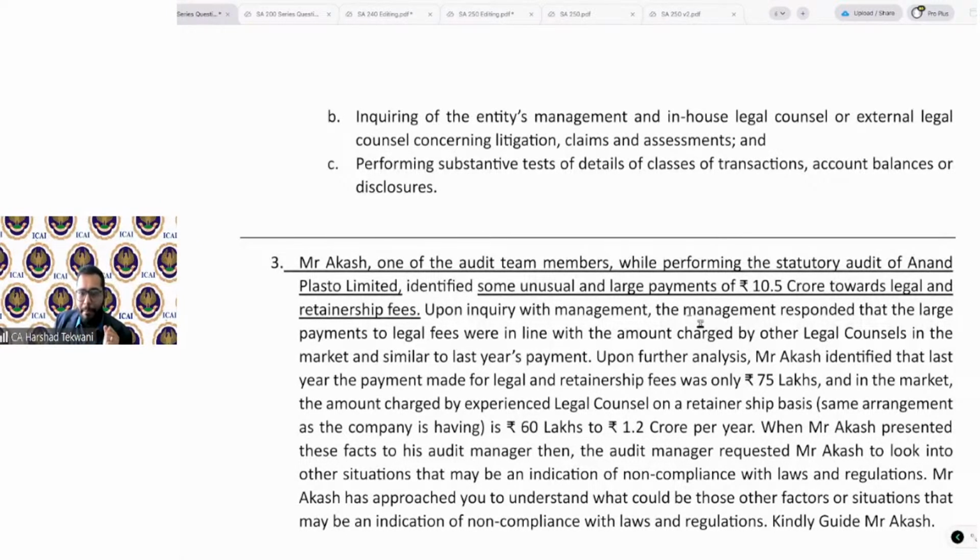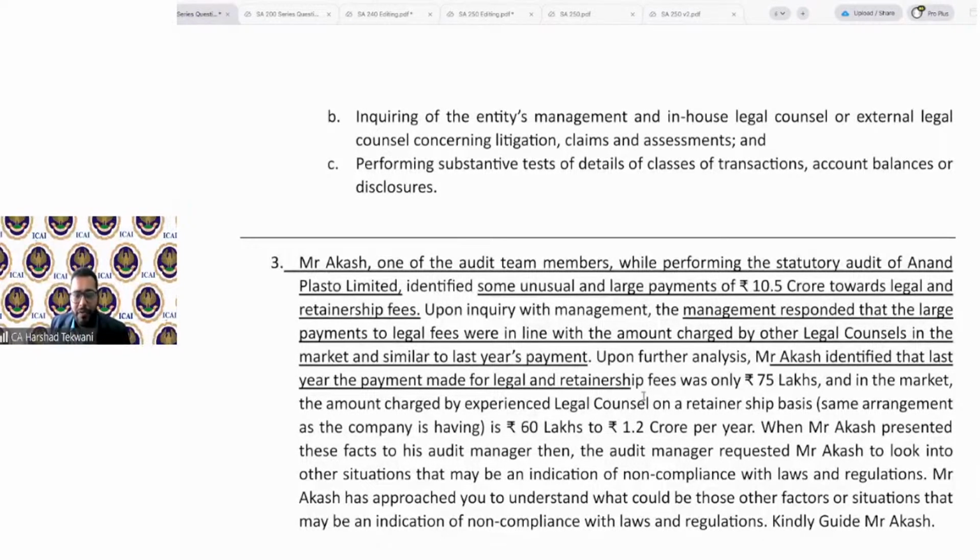Upon inquiry, the management responded that the large payment of legal fees was in line with the amount charged by other legal counsels in the market and similar to last year's payment. Upon further analysis, Mr. Akash identified that the last year payment made to legal and retainership was only 75 lakh.